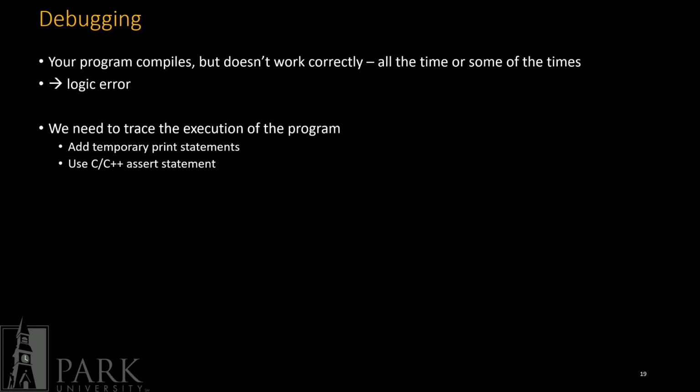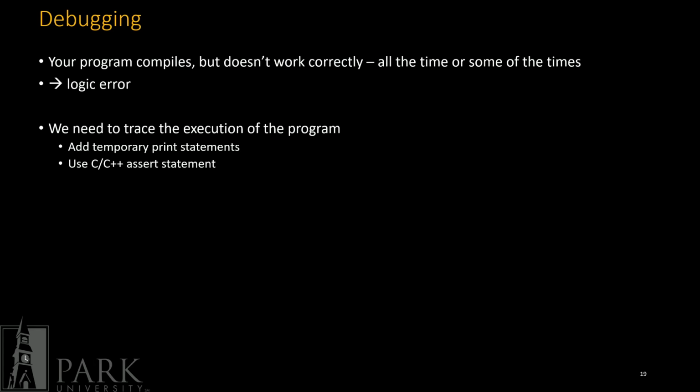Another way is to use the assert statements that we're going to cover. It's almost like little breakpoints in your code that say if this condition doesn't hold true, you terminate the program.